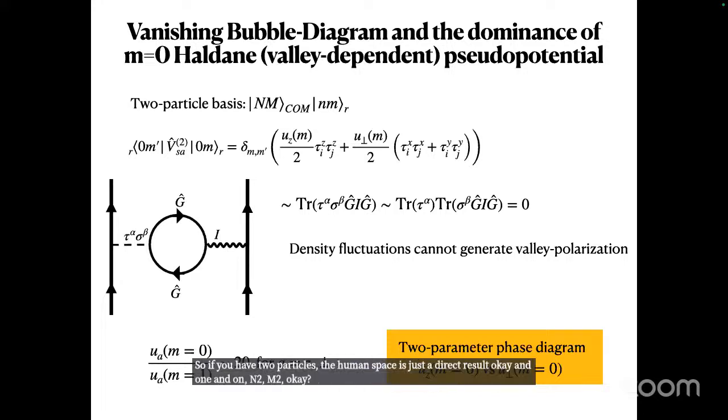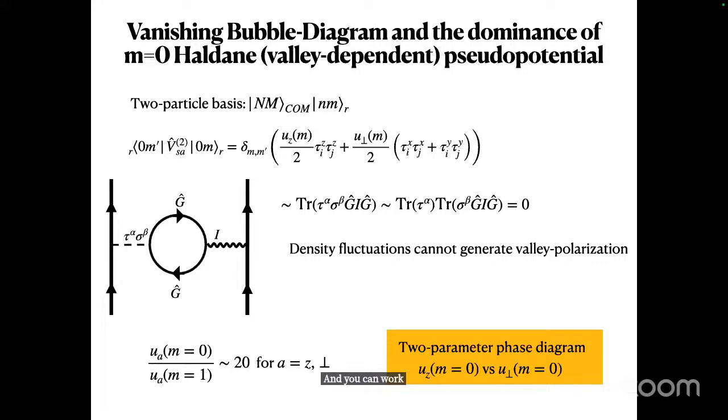You can work out the algebra. It turns out that in this two-electron problem, the center of mass coordinate and the relative coordinate commute with each other. That's not a trivial statement, because in a magnetic field the guiding centers do not commute with each other, R_x and R_y, but the center of mass and relative coordinates turn out to commute.